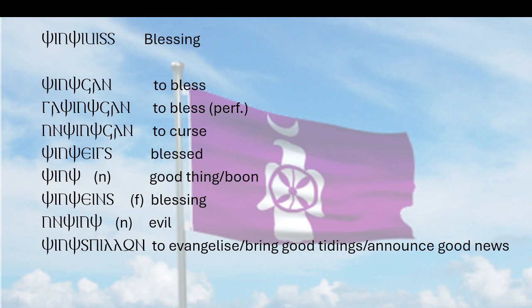𝑽𝑁𝑰𝑹𝑺, a neuter noun meaning evil. And theospilon, meaning to evangelize, to bring good tidings, to announce good news. Now the verb is also conjugated the same way as 𝑐𝑟𝑒𝑛𝑜𝑛, so they have the same conjugated endings in the present tense.